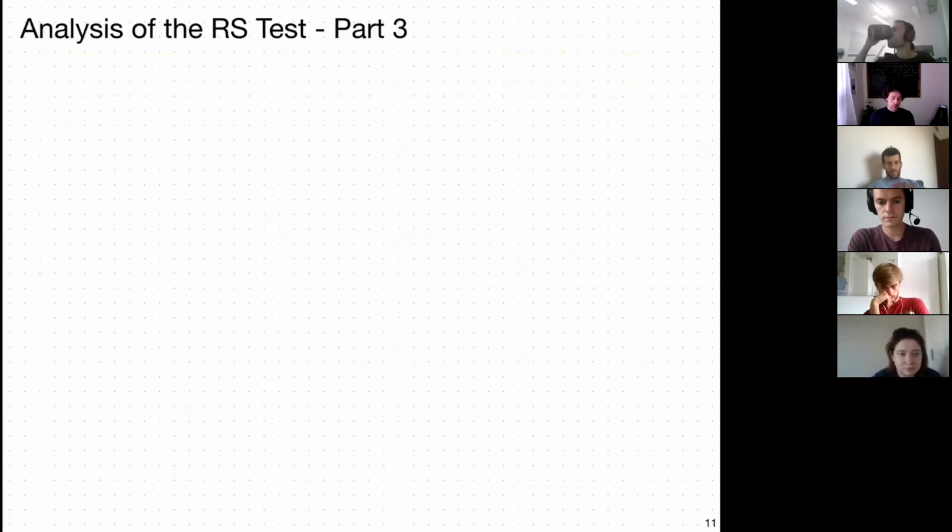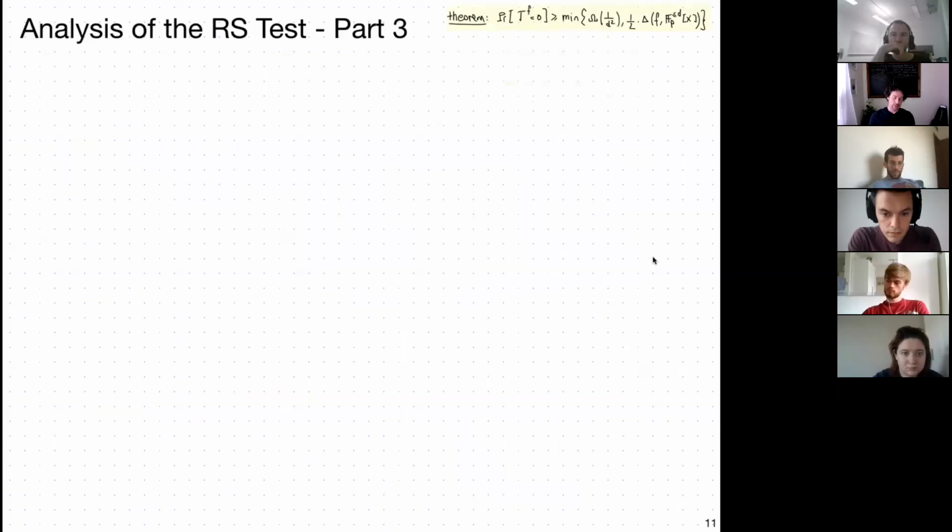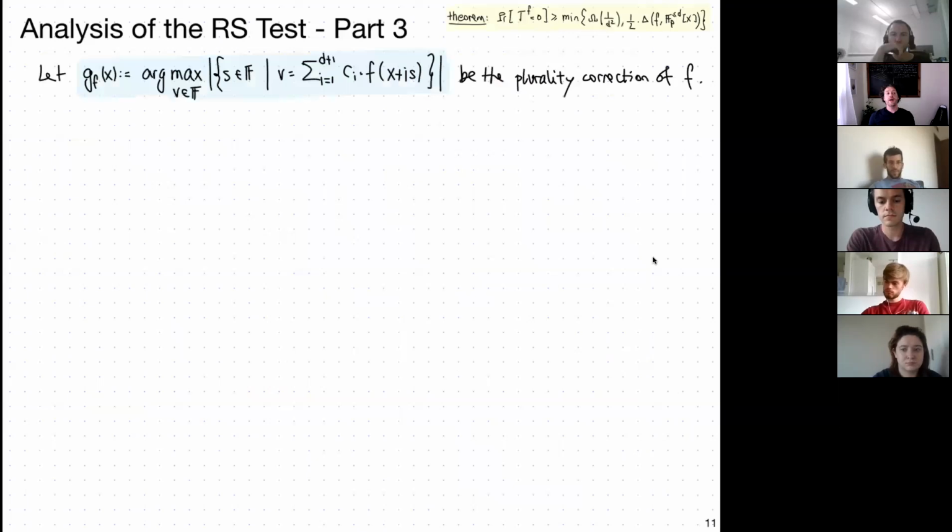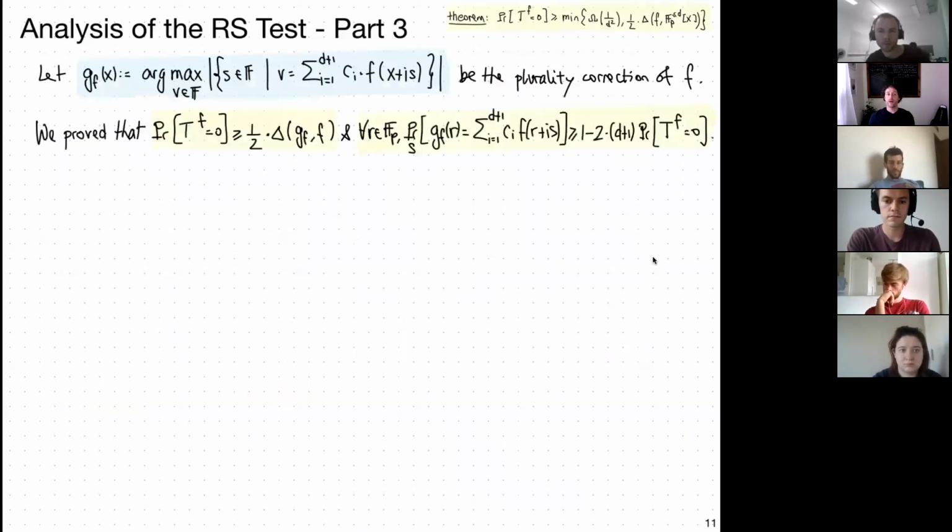Okay, and now this gets us to the last part, which, remember, was easy, hard, easy. So this is the easy point, the last step. We want to prove the theorem that I wrote above. And this is just a reminder regarding how we define the plurality correction. And we proved these 2 claims, right?